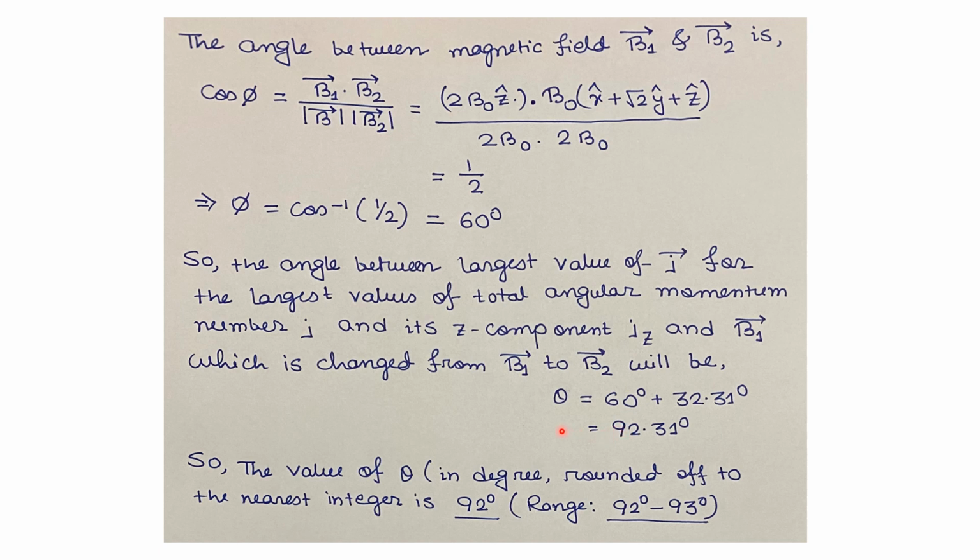So we'll get the new theta, that will be 60 degrees plus 32.31 degrees, that is 92.31 degrees. So the value of theta in degrees rounded off to the nearest integer is 92 degrees. So the range of the answer will be 92 degrees to 93 degrees.